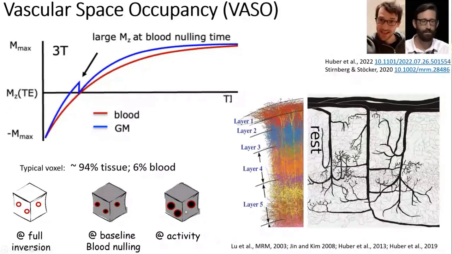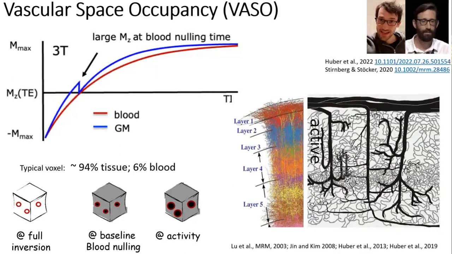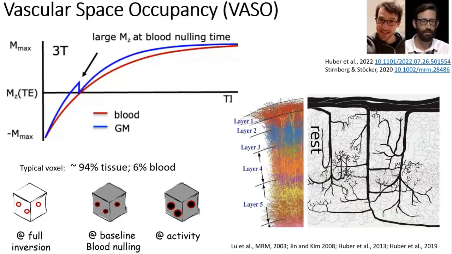So the vessels are enlarging to increase the blood volume, which means we have a decrease in tissue. And that's what we're measuring. So basically, it's a decrease in the MR signal. Thank you. So we have a decrease in the MR signal, and that is proportional to the cerebral blood volume change.